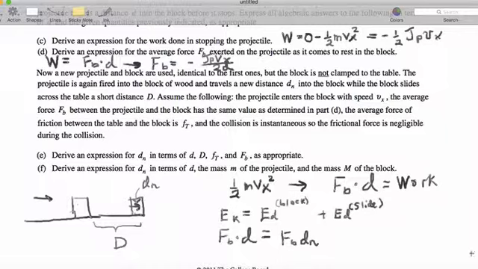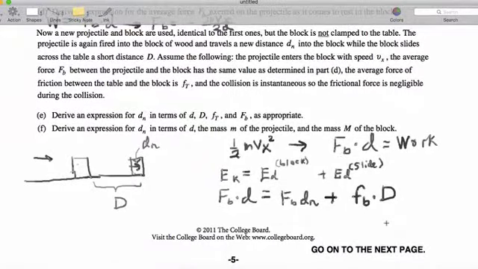The work done there is going to be the force of friction acting over that total distance in order to stop it.